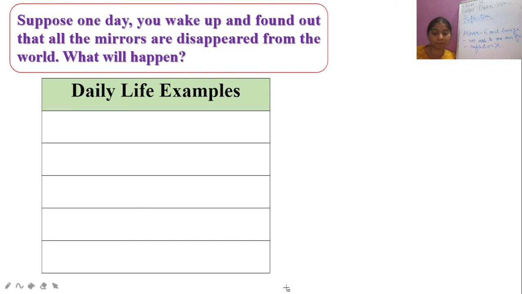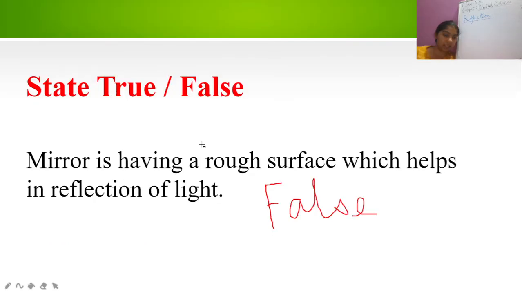Yes, very good. So basically it is a false statement, right? So what is the mistake in this question, students? Why is it a false statement? Why not true? There is one mistake. Yes, instead of rough, students, we have a polished surface.